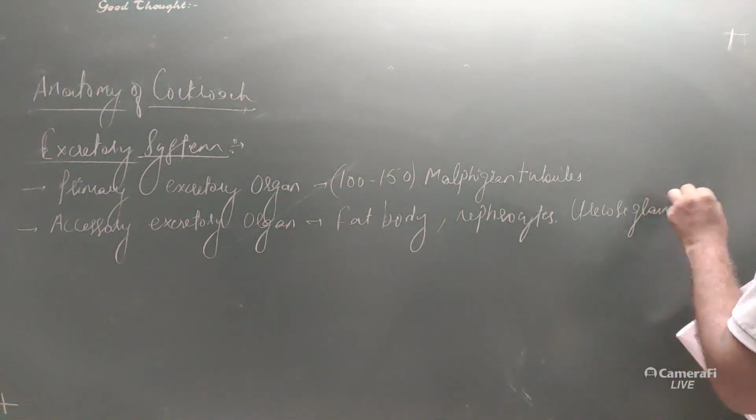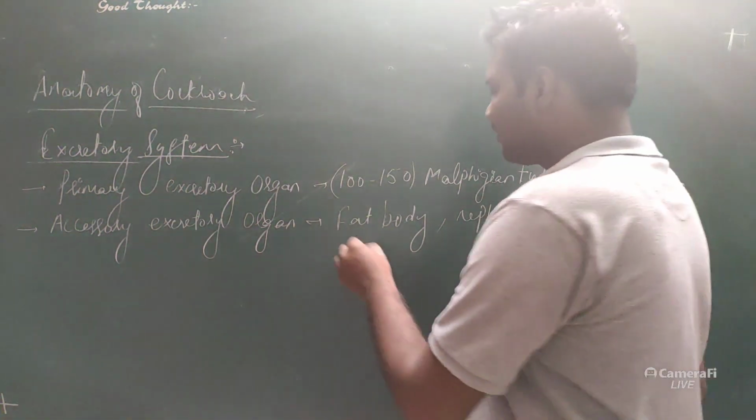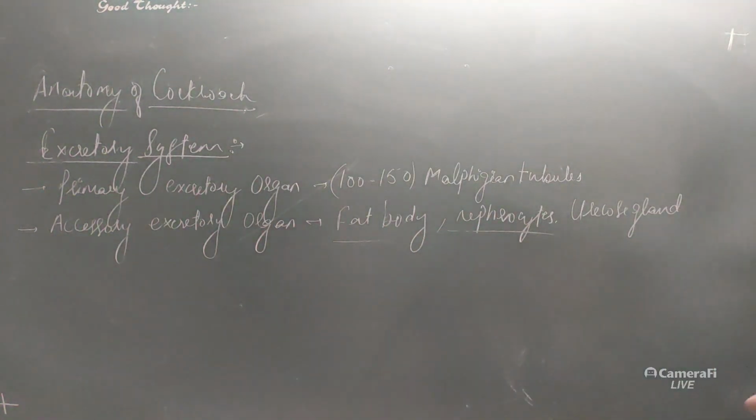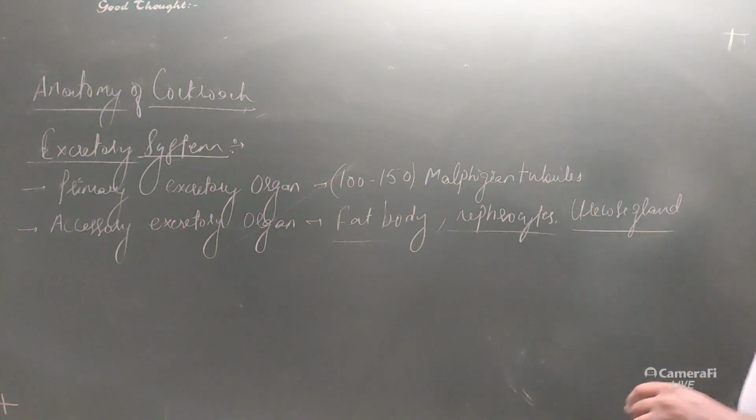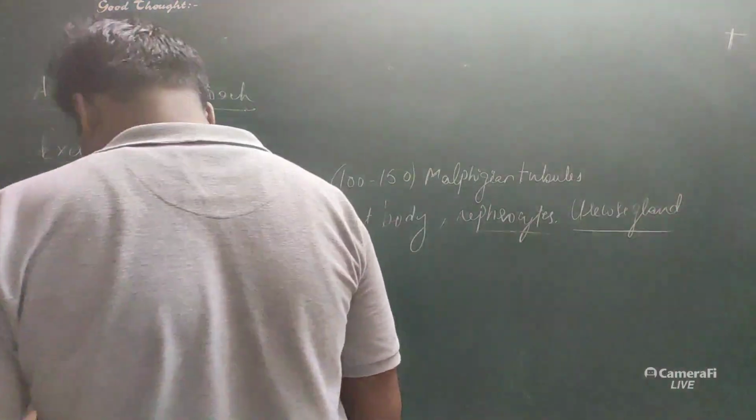So these are the accessory excretory organs, that is the fat bodies, nephrocytes and the uricose gland. See, uricose gland, this is a part of excretory system.